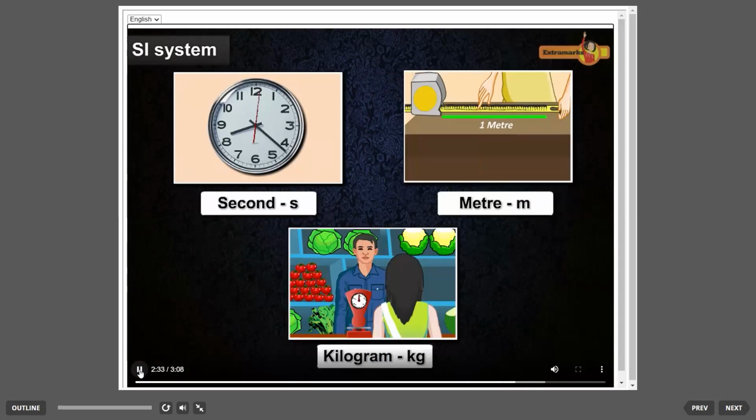For example, small s for second, small m for meter, small kg for kilogram. For your class, only second, meter and kilogram are required. About Kelvin and ampere, you will study in the higher sections.